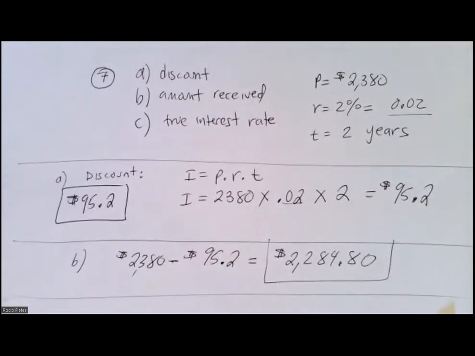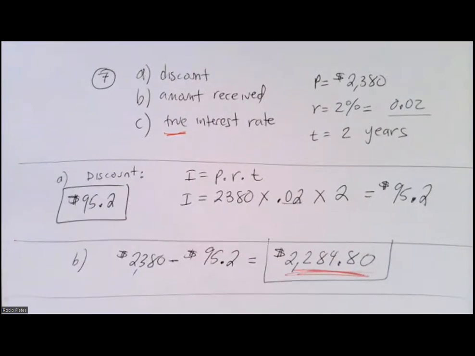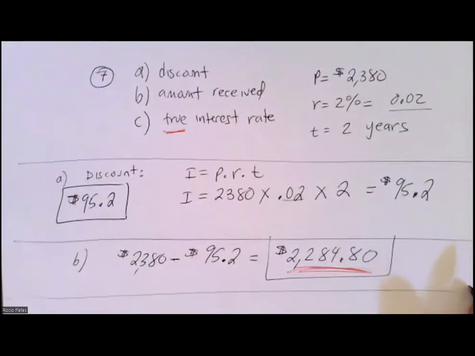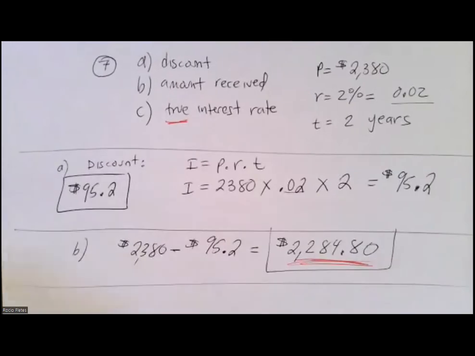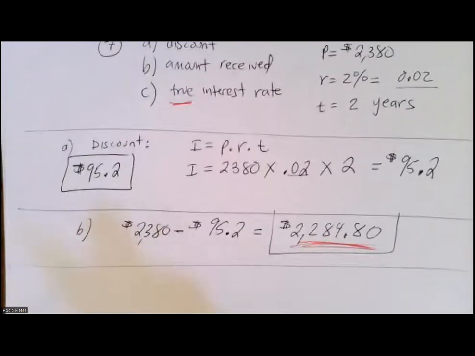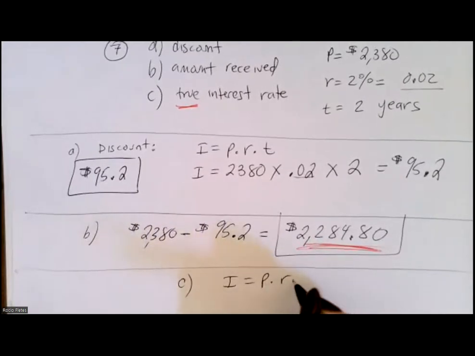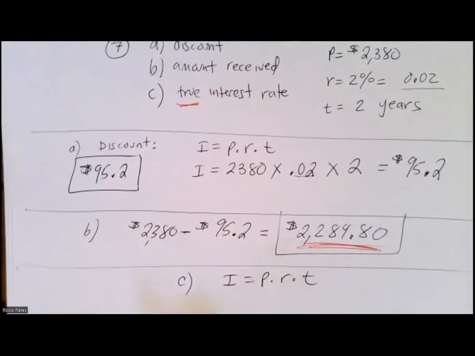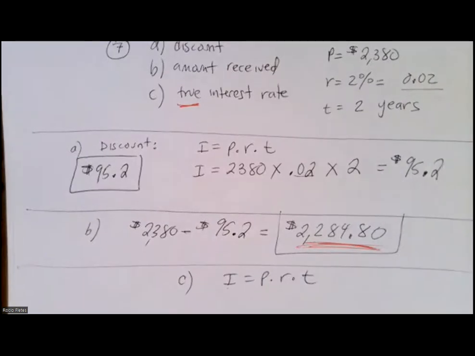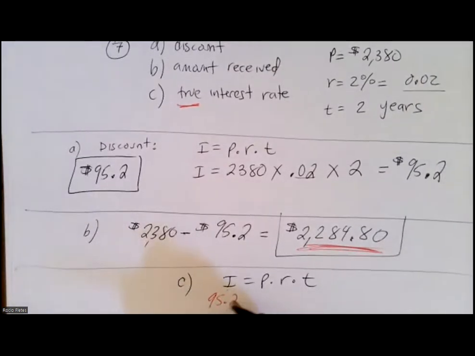Now, for the true interest rate, because we have a different amount received, we have to see what the true interest rate is. So we have to go back and use the formula again, a second time, I equals PRT, because we have an I amount, right? We know it's 95.20.